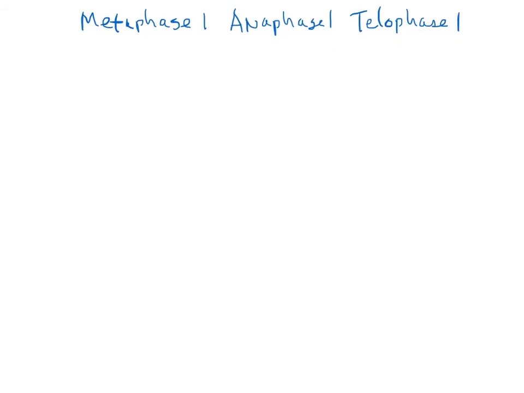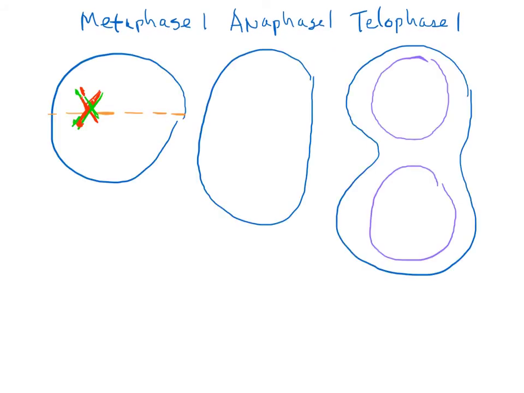So let's now take a look at metaphase 1, anaphase 1, and telophase 1. So in metaphase 1, the tetrad lines up on the equator. The tetrad is merely this set of crossover sister chromatid pairs.